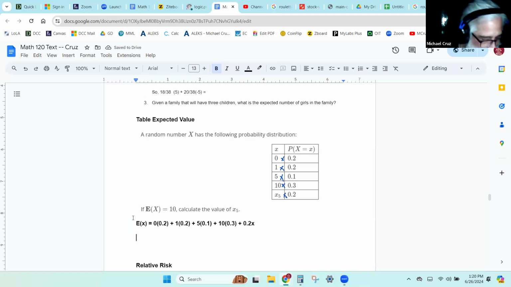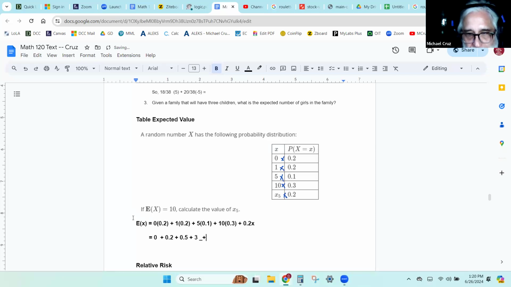So then what each one of these ends up being is 0 here. The next one is 0.2. The next one is, you can do it with a calculator if you like, 0.5, 5 times 0.1. This ends up being 10 times 0.3, which is just going to be 3.